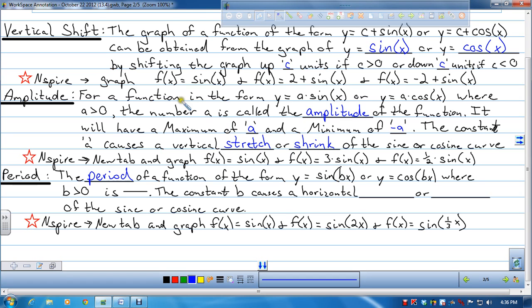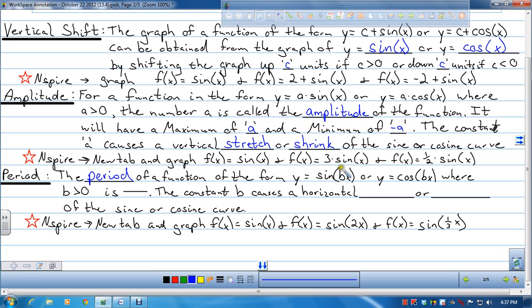Okay? The difference is up here my coefficient was out in front, the number I was multiplying by the sine.